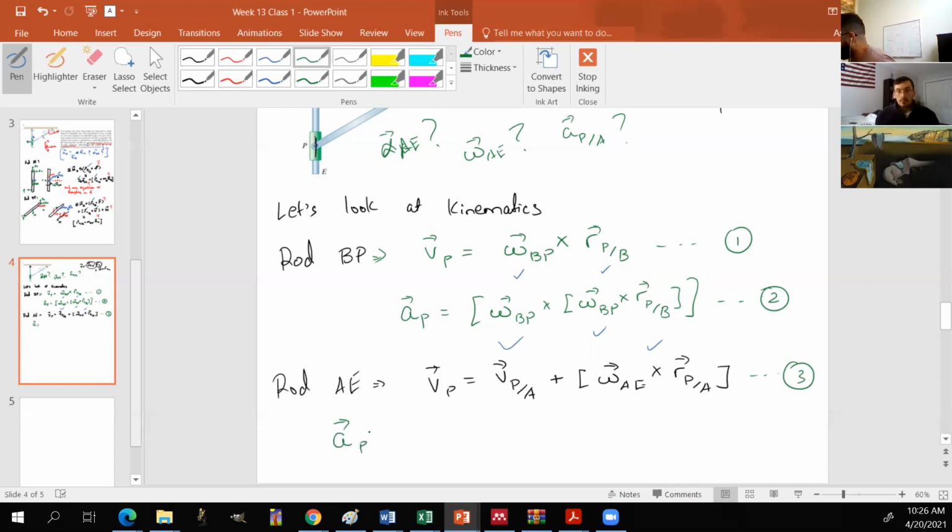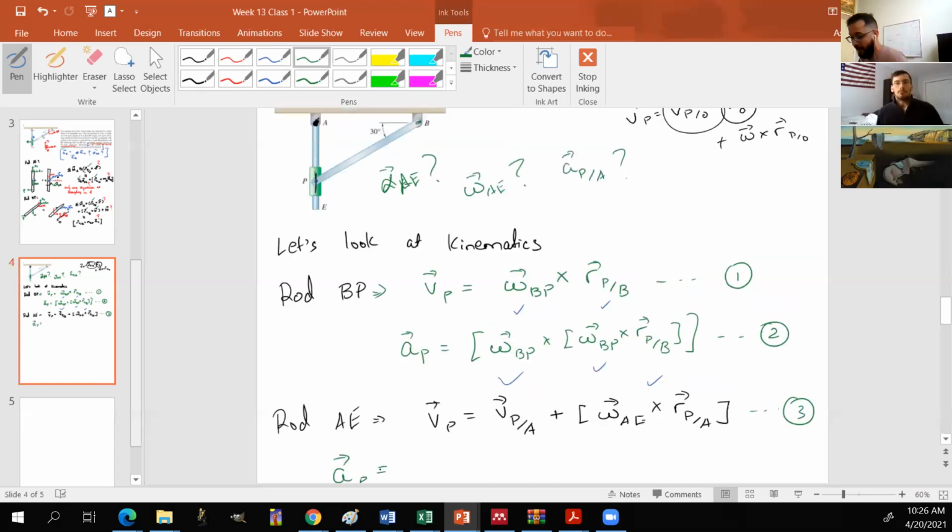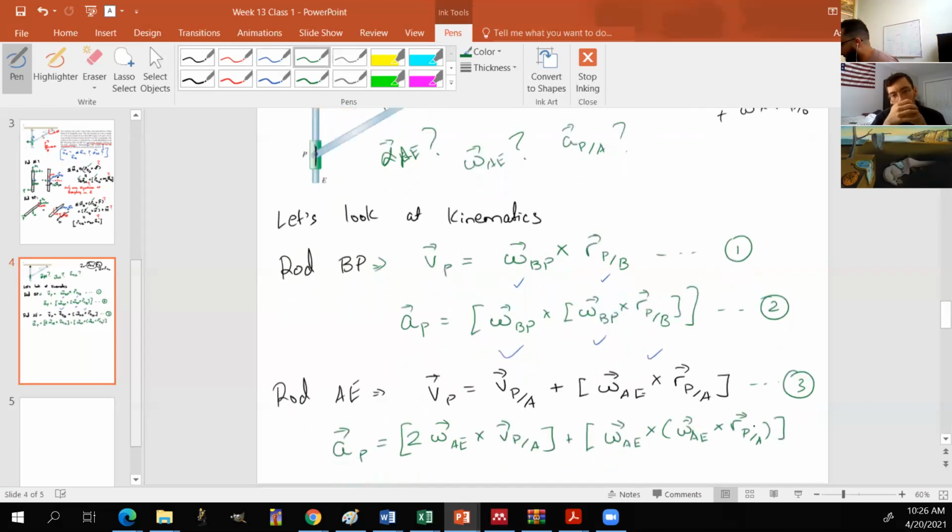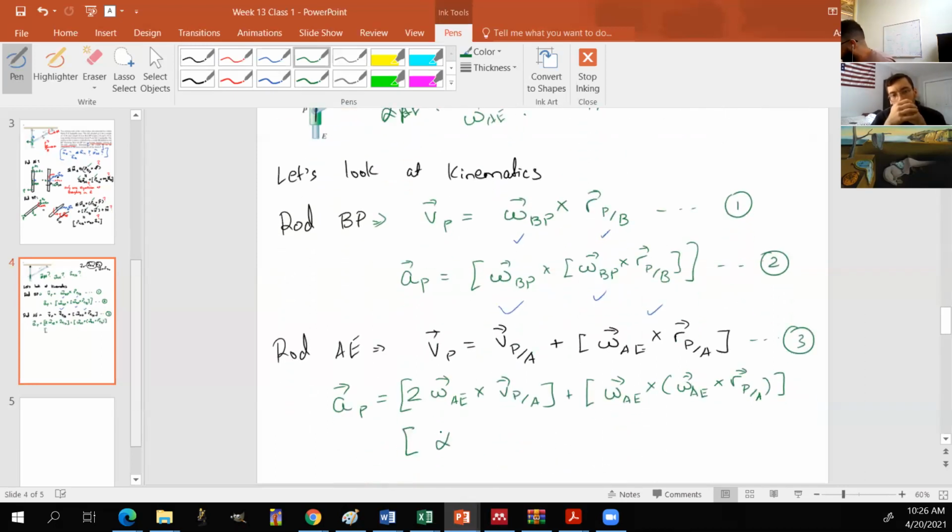Then similarly, for my acceleration of P, I'm going to have a Coriolis term, because P moves relative to A. So I'm going to have 2 omega AE crossed with the velocity of P relative to A. I'm going to have my centripetal term, which is omega AE crossed with omega AE crossed with R of P relative to A. I'm going to have an angular acceleration term, because this one we can't assume to be 0.